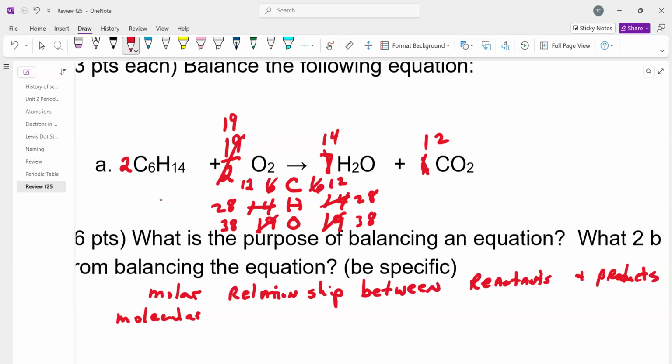So molecules and moles are frequently interchangeable. Not grams. It's not a gram relationship. If it's in grams, you've got to convert it to moles. Okay?